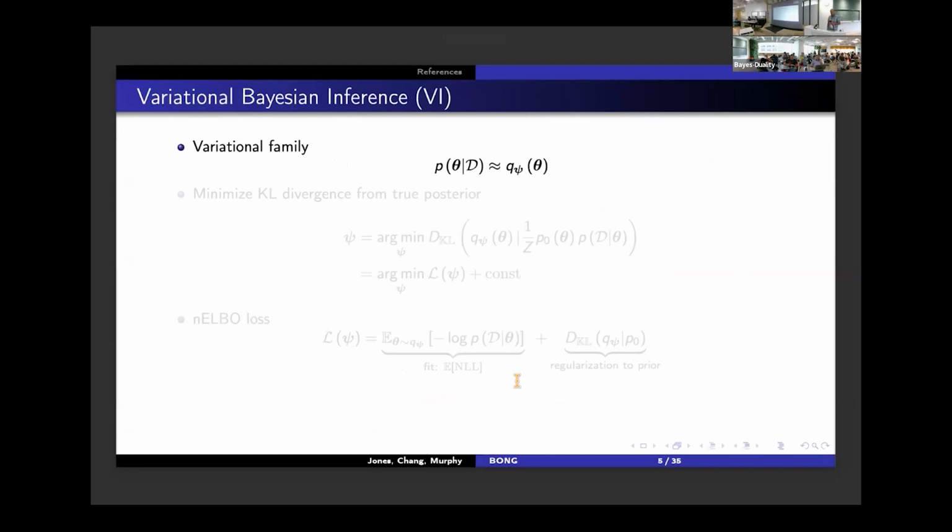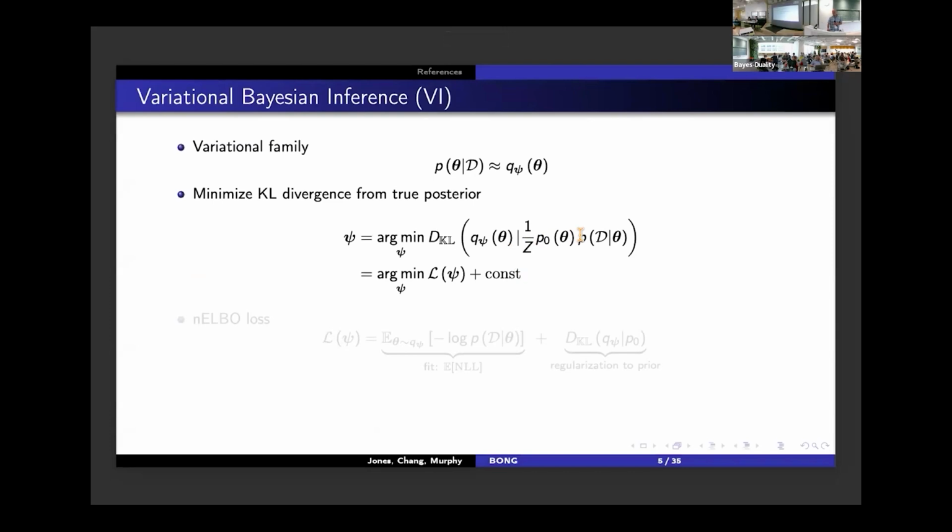Now just a quick review, we've seen this already, but variational Bayes. The idea is that instead of doing exact Bayesian inference, you're doing inference within some parametric family, some variational family parameterized by psi here. The goal is to minimize the KL divergence of your approximate posterior, Q psi, from the true posterior, which is given by everything on the right side here.